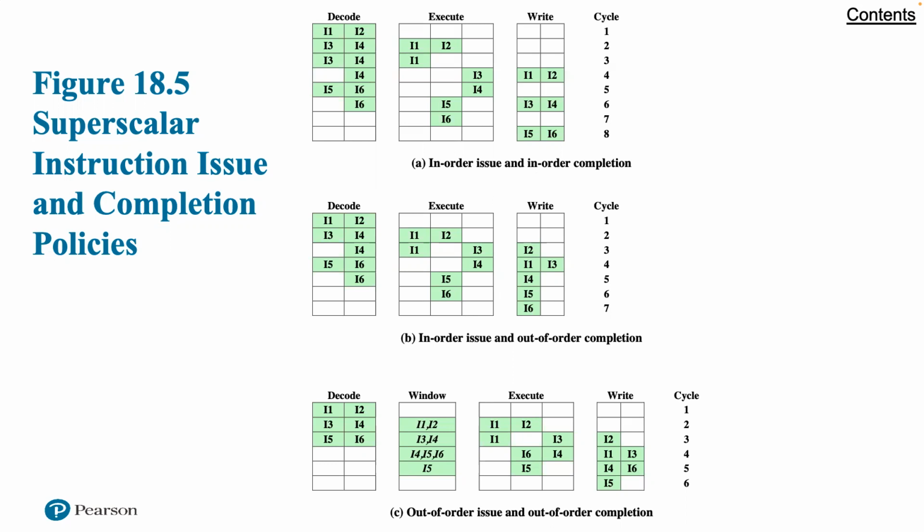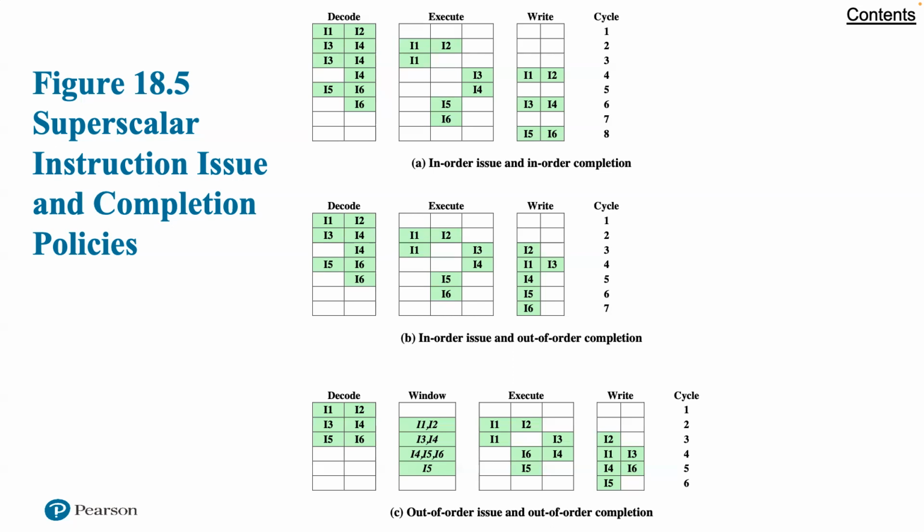We assume a superscalar pipeline capable of fetching and decoding 2 instructions at a time, having 3 separate functional units, for example, 2 integer arithmetic and 1 floating point arithmetic, and having 2 instances of a write-back pipeline stage.